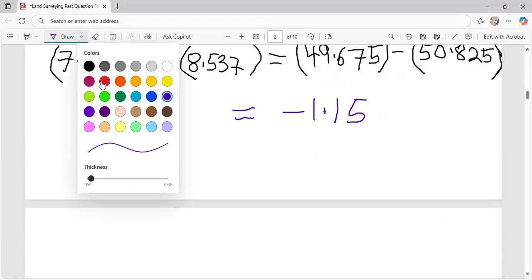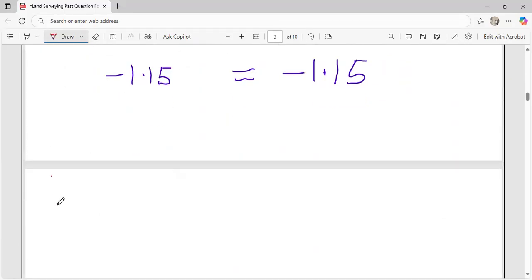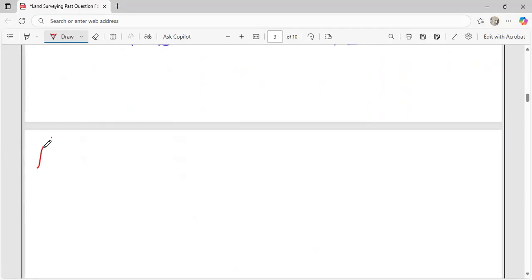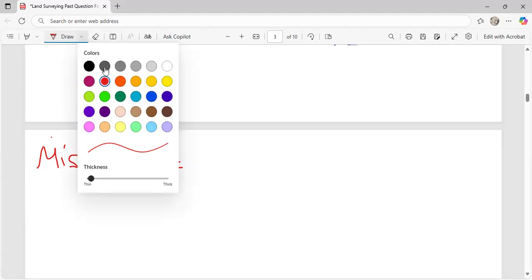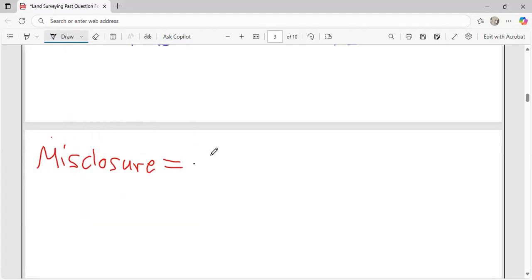From previous lectures, we learned that our misclosure is equal to the calculated value minus the known value.